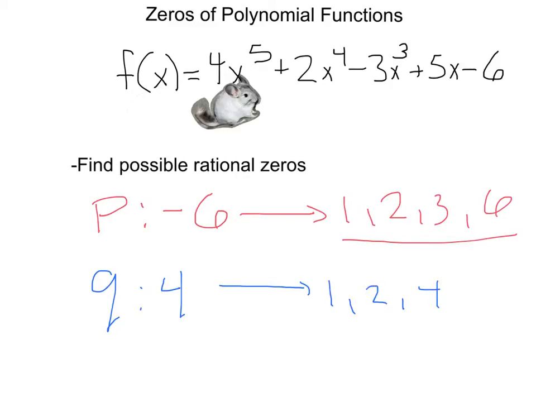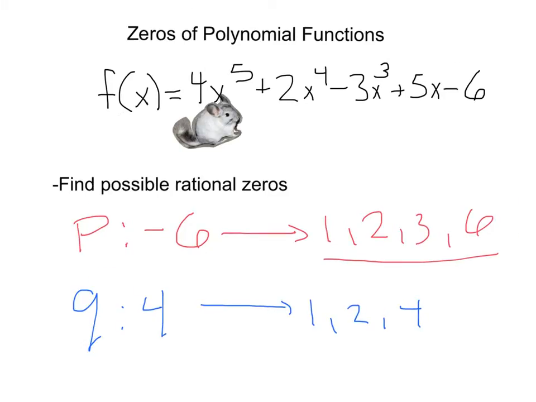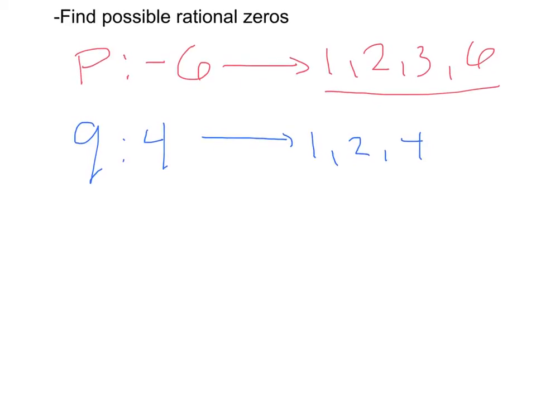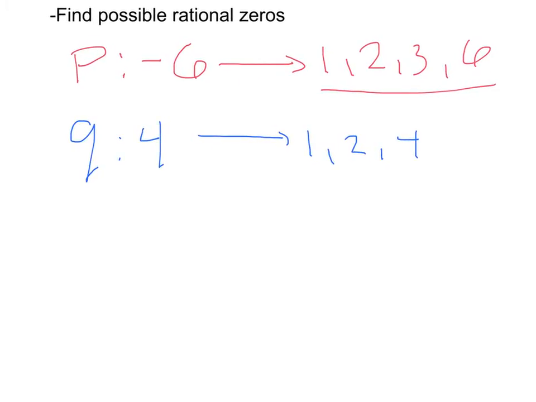I just list all the factors of each of my p and q. Okay, from there, I'm going to write all the possibilities. These are all my possible rational zeros of p divided by q, and it's going to be a positive or a negative p divided by q.